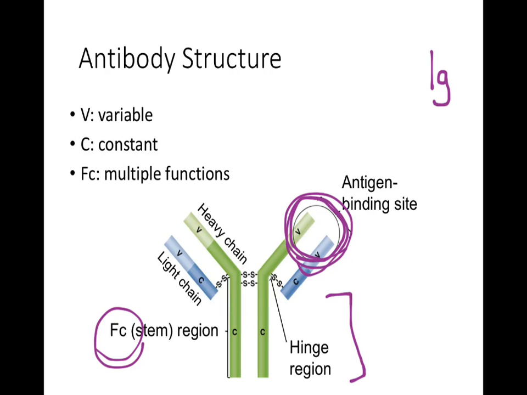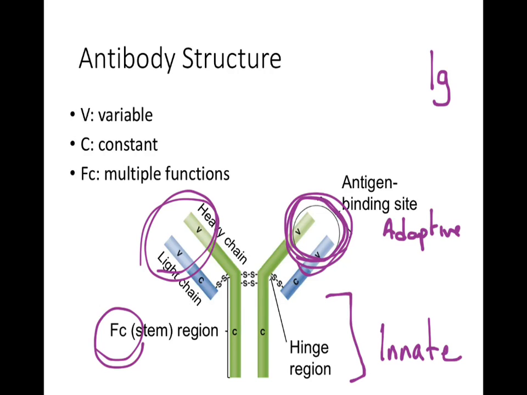For each antibody, there are 2 binding sites. Those are the variable regions of the antibody, and then we have this conserved or constant region that is the same. And this, again, is how we connect the specificity of the adaptive immune response with the generalized response of innate immunity.